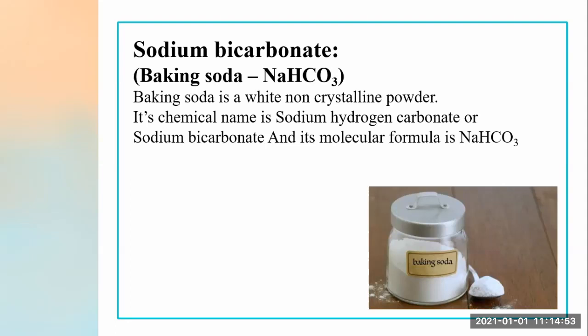Now I've already told you the chemical name: it is sodium hydrogen carbonate, or we can term it as sodium bicarbonate. See, in exams, in multiple choice questions also, many times it is asked what is the chemical formula of baking soda. So sometimes in the options they give sodium hydrogen carbonate or sodium bicarbonate.